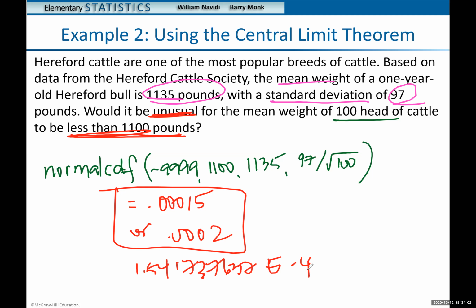So you have to move the decimal negative 4 to the left: 1, 2, 3, 4. Okay, Michael, did you get that?